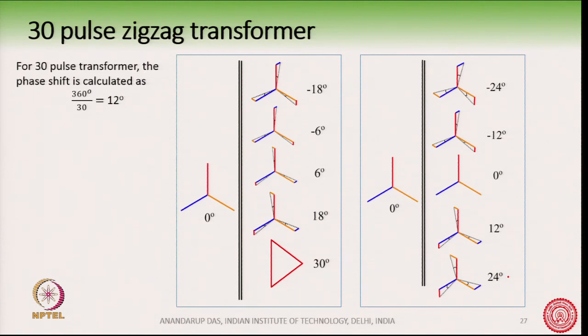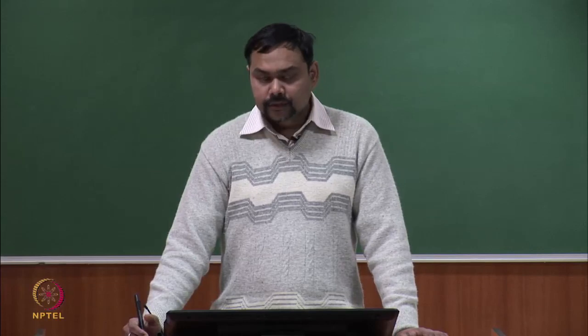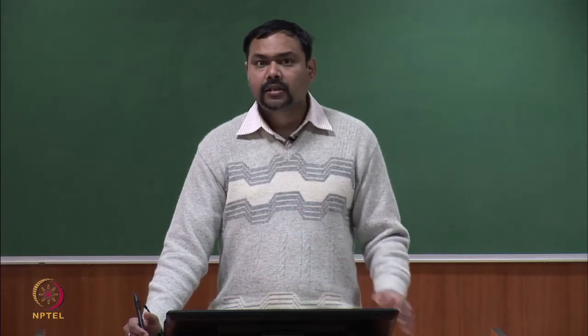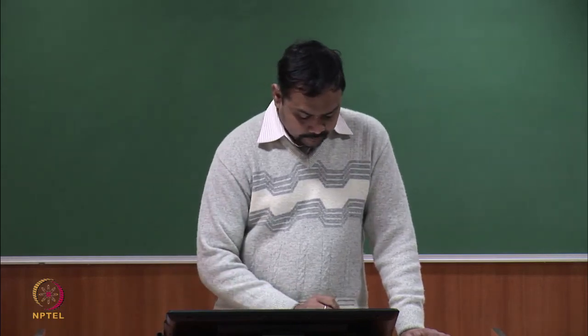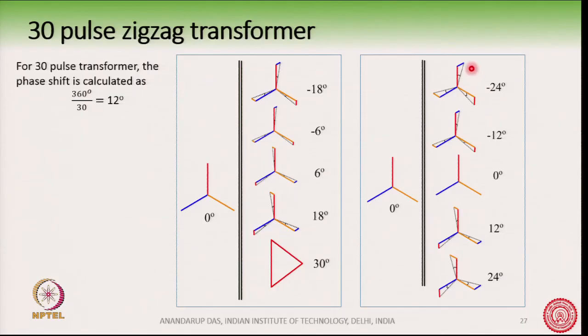So, this is how the zigzag transformer can be helpful for creating the phase shifts. The construction is quite simple, because it is only a matter of changing the values of k1 and k2 in order to change these angles.